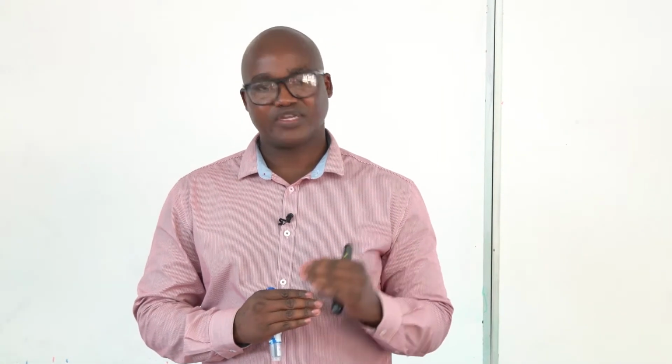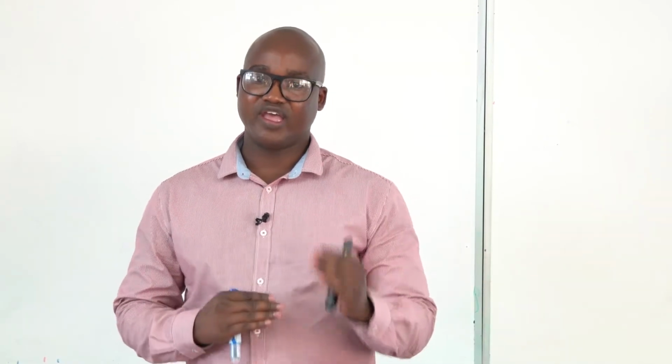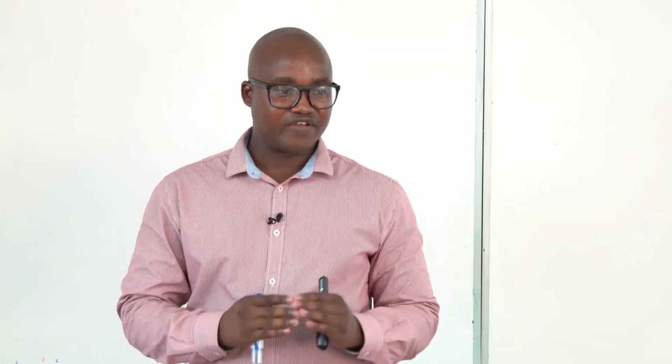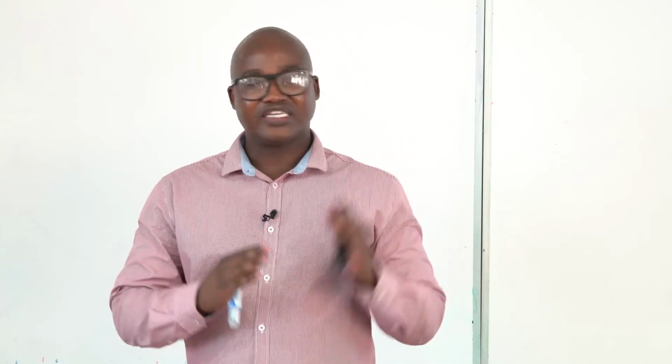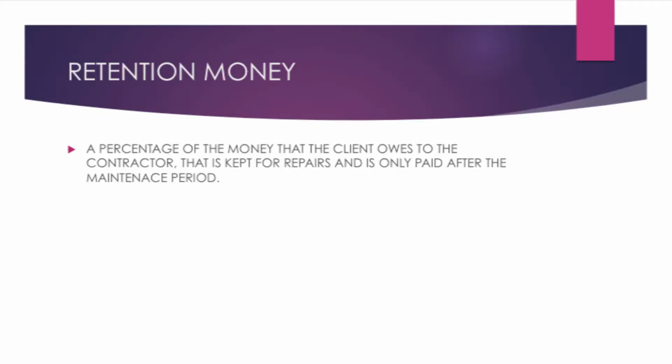It's usually 10% of money that the client should withhold in case there are some latent defects, some repairs that need to be done after the completion of the project. So we call that the retention money. All the terminology that I am presenting now will make an impact on the interim evaluation monthly payment.